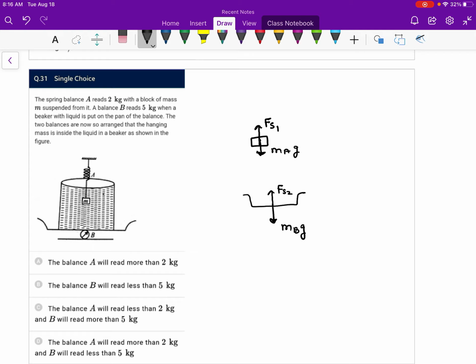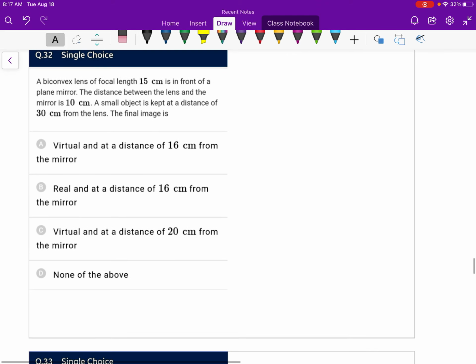Now the liquid exerts thrust force on the block in upward direction, and the block exerts thrust force, buoyancy force, on the beaker in downward direction. So from the figure we see Fs1 decreases and Fs2 increases. Fs1 will decrease by buoyancy force and Fs2 will increase by buoyancy force.